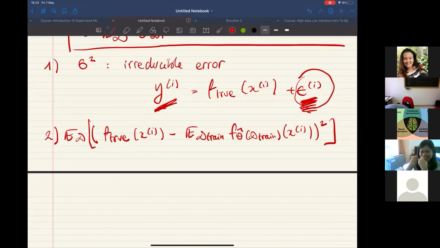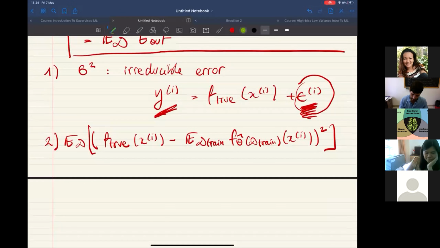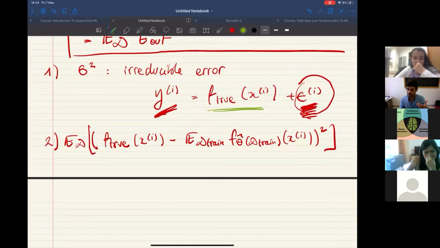F true is the function that underlies the relation between inputs and outputs. It is the unknown function that you are trying to capture in some way, thanks to machine learning. But it's a function that you don't know.